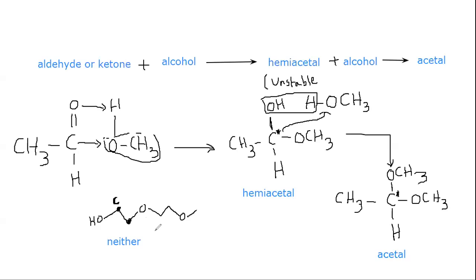Now let's solve E. E is the same problem. We have two ethers, but they're on two different carbons. This ether is on this carbon, and this ether is on this carbon, so it's neither.